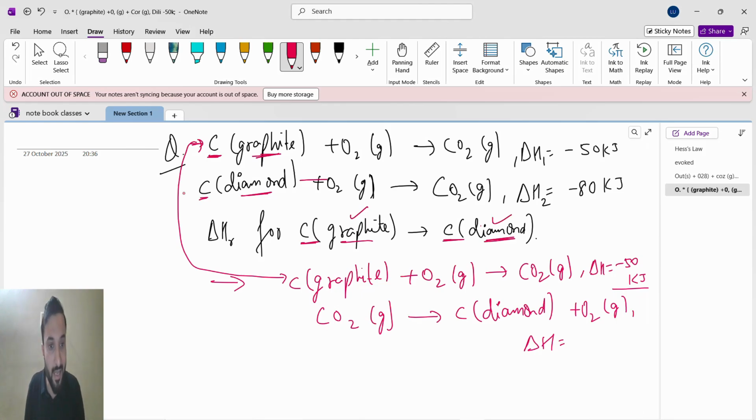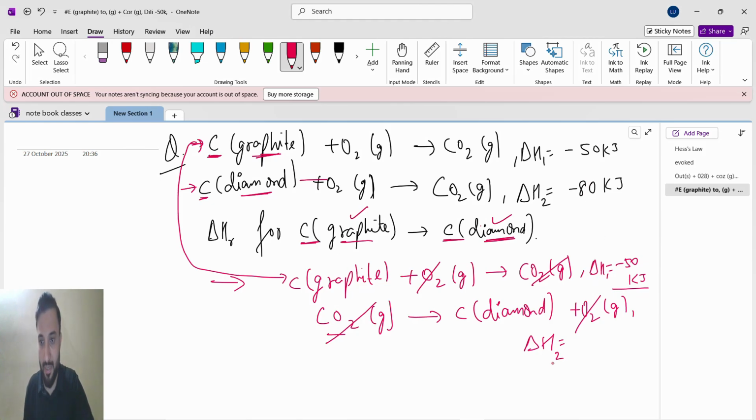But you will see here the carbon in the diamond form is present on the reactant side. So what we will do? We will interchange. The product will come on the reactant side and the reactant will go on the product side. So O2 will move, CO2 will move. So first thing we did the ulta. Product will come to reactant side, reactant will go to product side. If we are doing change, so what will happen?